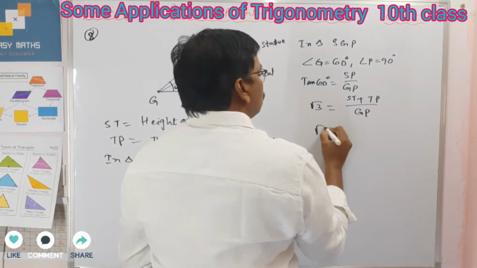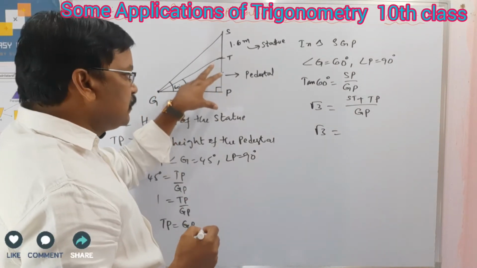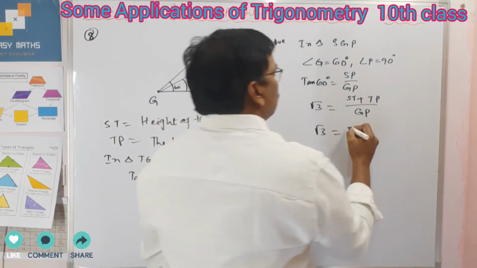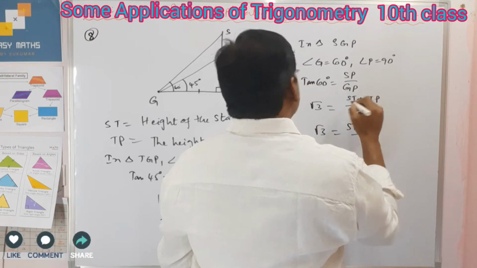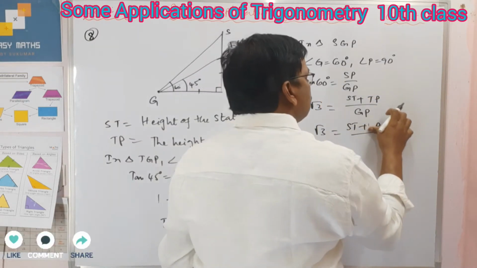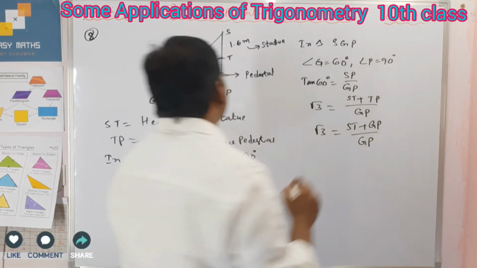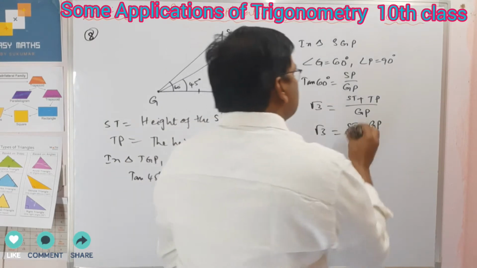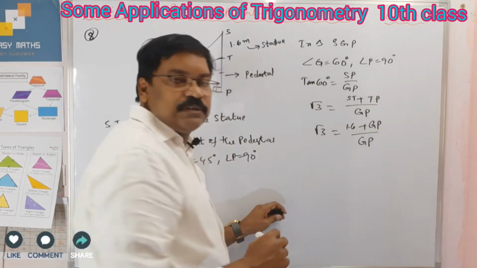So root 3 is equal to ST plus TP by GP. But here TP and GP are equal, so instead of TP, I will write GP here. But what is ST? ST, the height of the statue, is 1.6 meters.